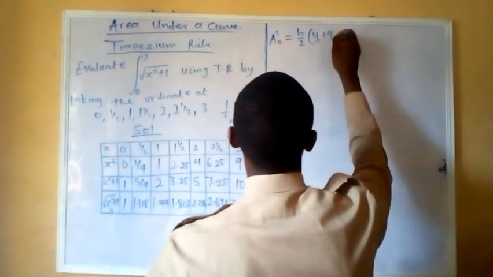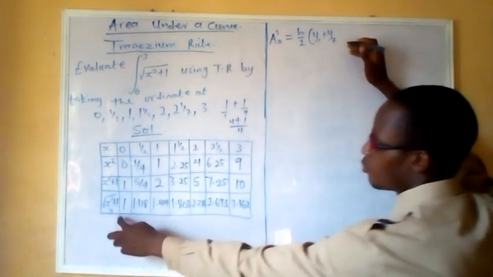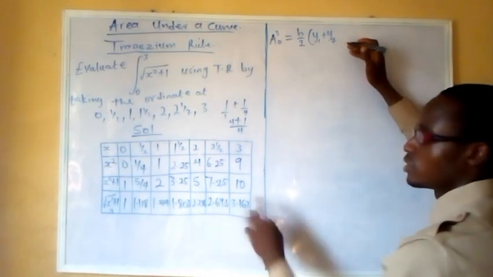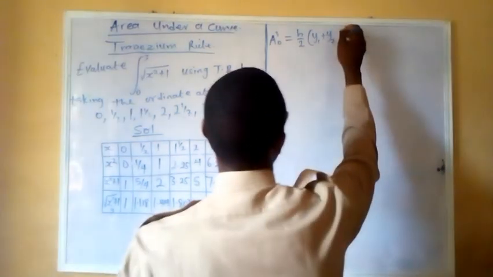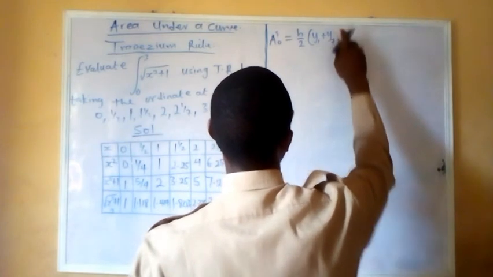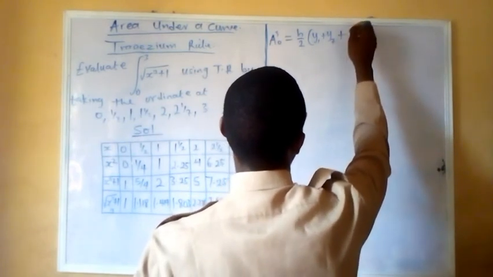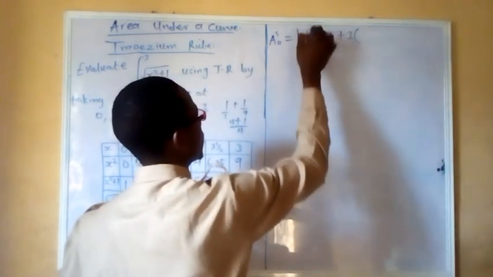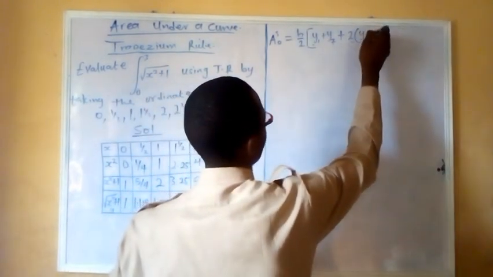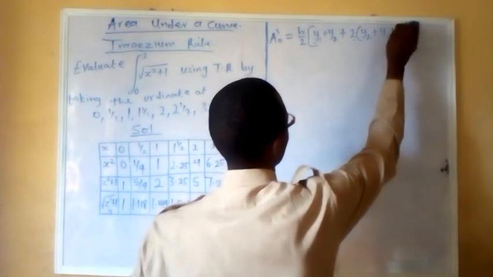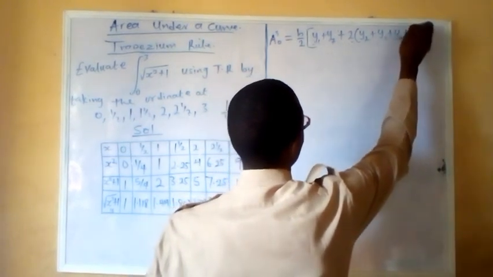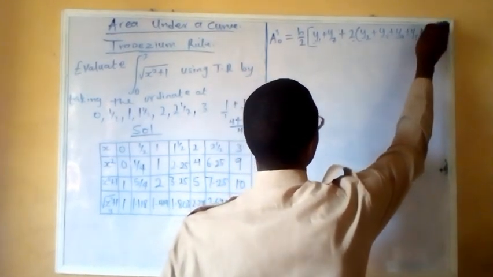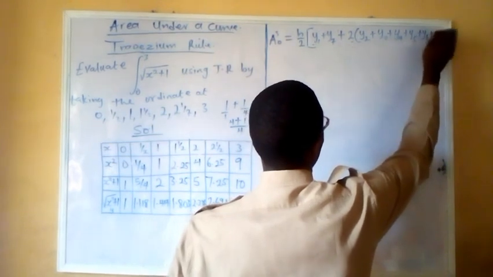Plus 2 into brackets y2 plus y3 plus y4 plus y5 plus y6.